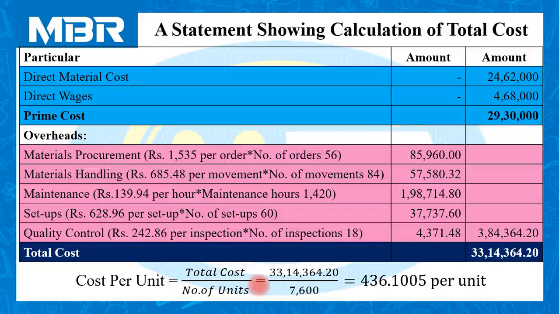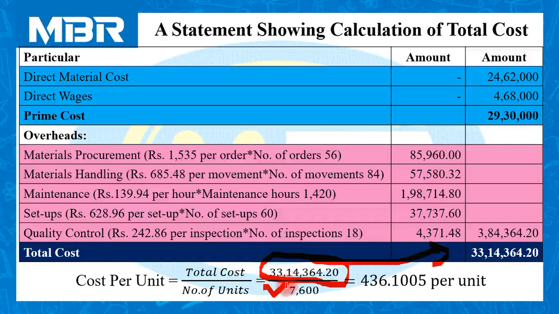Formula for the calculation of cost per unit: total cost divided by number of units produced. Total cost 33 lakhs 14,364.2, that we have derived directly from here, divided by number of units. Number of units are 7,600.